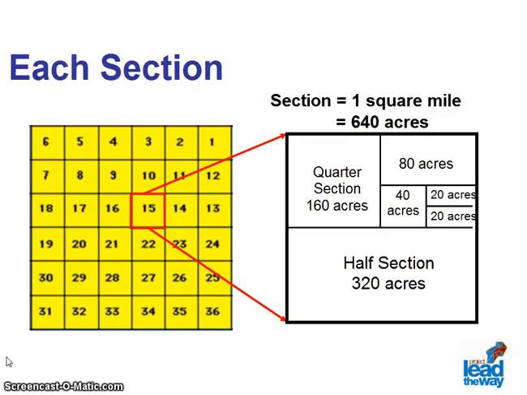Each section contains 1 square mile or 640 acres. The sections are then described in terms of halves, containing 320 acres, quarters, 160 acres, quarter of quarters, etc. Generally, the words eighths or sixteenths are not used.